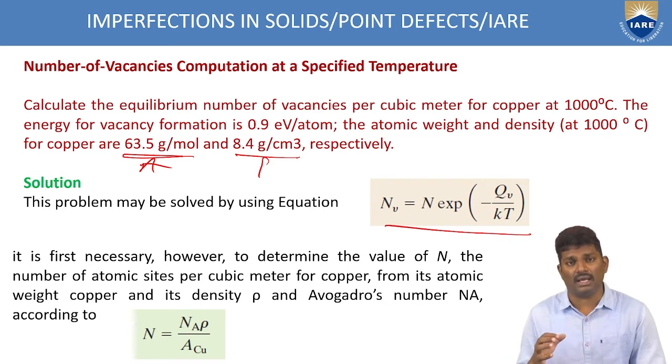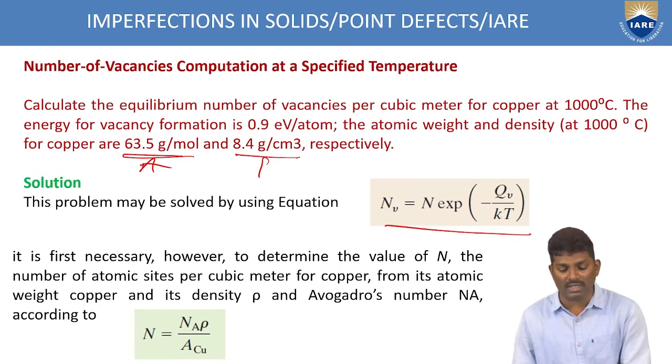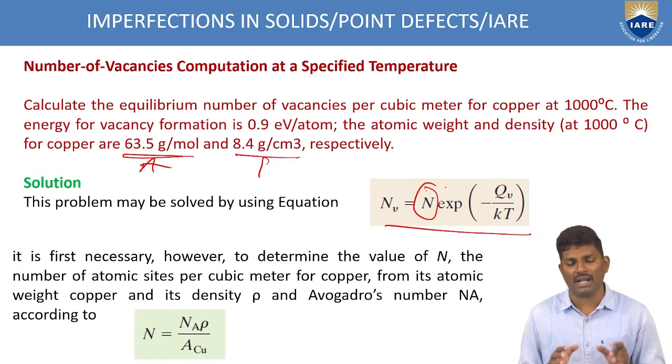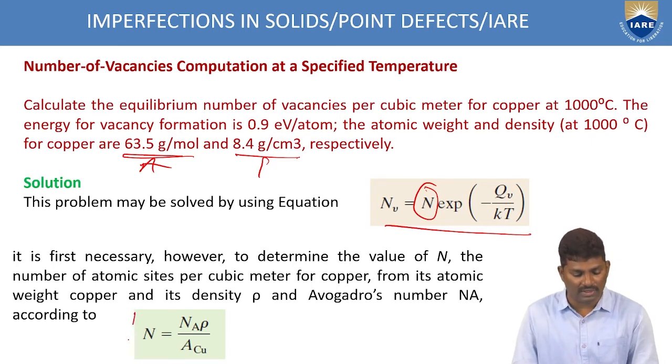Now with this data, you can't directly find out the number of vacant atoms. Before that, you need to identify what is capital N. Since in this question they have not given the number of atoms, you need to find out the total number of atoms present in the copper. So for that, we have the equation N is equal to NA rho by A Cu.